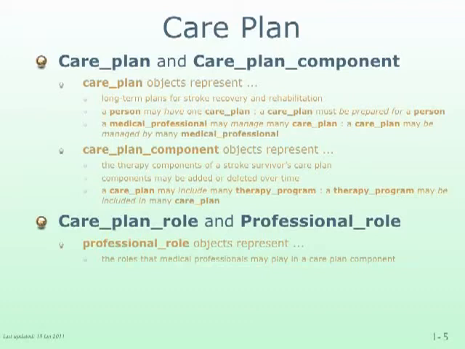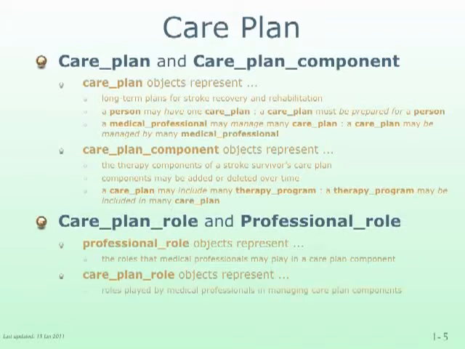And there are care plan role data objects that represent the actual roles played by a particular medical professional in managing a specific component of a particular stroke survivor's care plan. These care plan role objects can be defined in the following way.